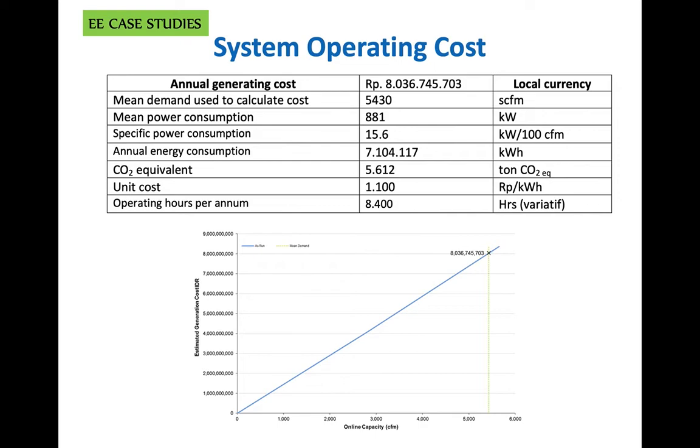This calculation is based on a flow rate of about 5,433 standard cubic feet per minute, with a mean power consumption of about 881 kilowatts, which is the total power consumption from both of the compressors. Both of these compressors have a specific power consumption of about 15.6 kilowatts per 100 cubic feet per minute.